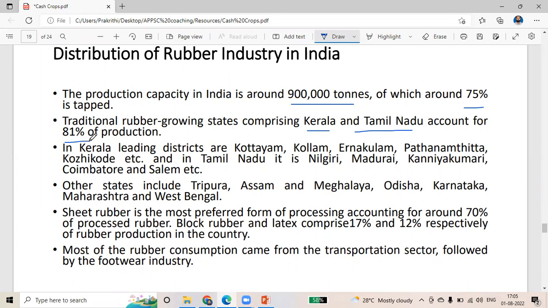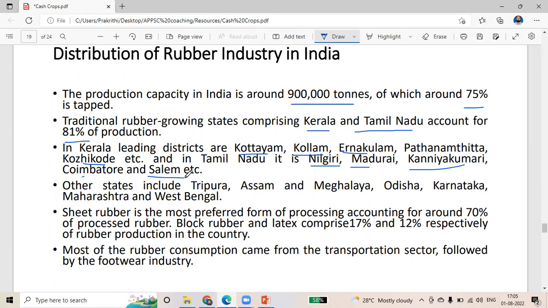As I am from Kerala, anywhere you go, especially in the eastern part of Kerala, you can see rubber cultivation. Major districts include Kottayam, Kollam, Ernakulam, Pathanamthitta, Kozhikode, etc. In Tamil Nadu, they are Nilgiris, Madurai, Kanyakumari, Coimbatore, and Salem. These are part of the Western Ghats, where maximum rubber cultivation happens, both in Kerala and Tamil Nadu. So these two states cover almost 81%.